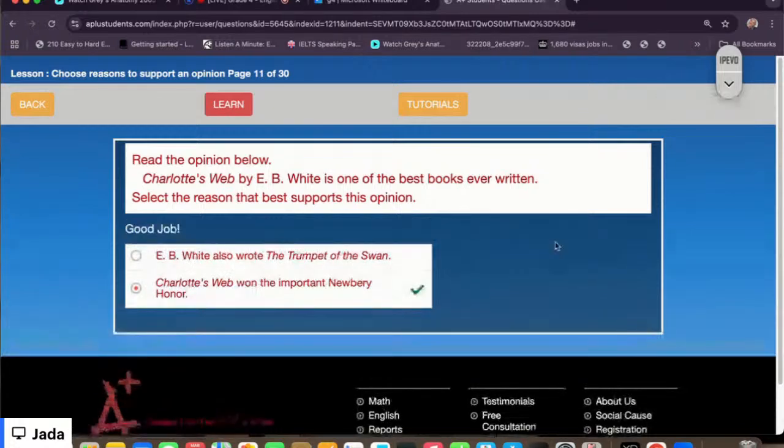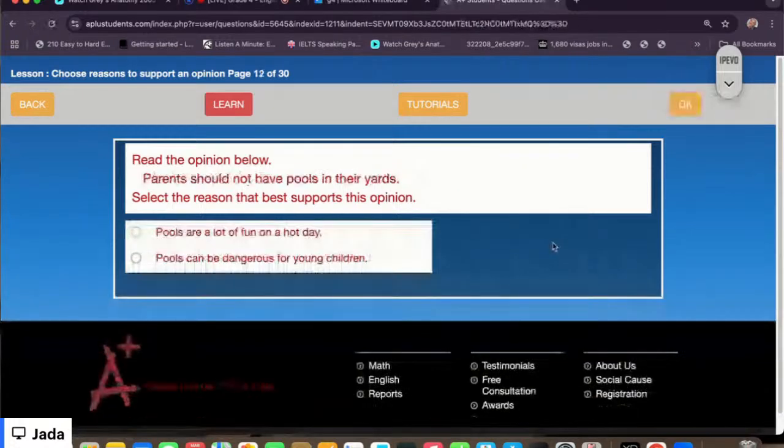All right, so option two. Parents should not have pools in their yards. Pools are a lot of fun on a hot day. Pools can be dangerous for young people. What do you think?